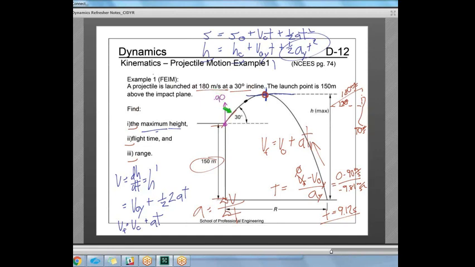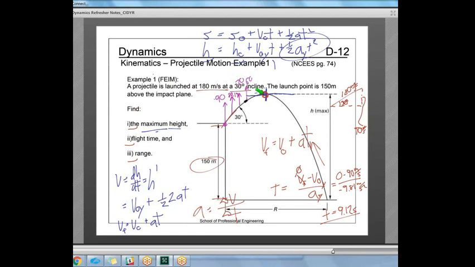One second later, what's our vertical velocity? If I throw something up in the air, it's going to slow down, right? So a second later, it's going to be less than 90. In fact, it's going to be 80 and change. We're going to be losing 9.81 meters per second every second. So 80.19, I'll just scratch that one in there.